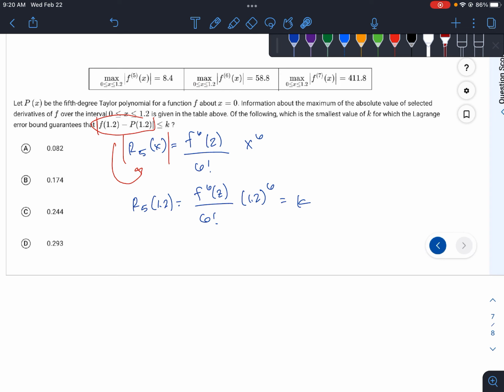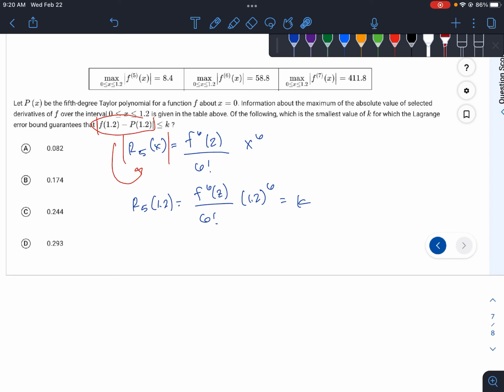Since we can never really find this value, hopefully it brings some comfort that a maximum value has to be given to you. We can't find z, so we maximize this value. Here's the maximum value between 0 and 1.2 that will give us an error bound. Since we can't find the actual value, we maximize it and create a bound.